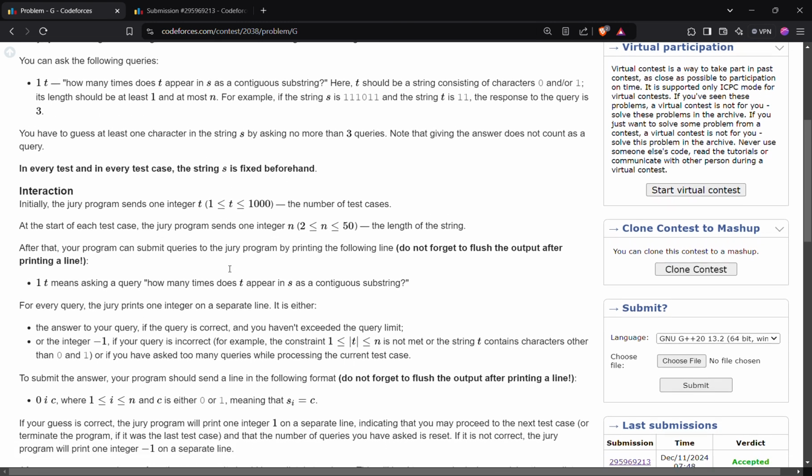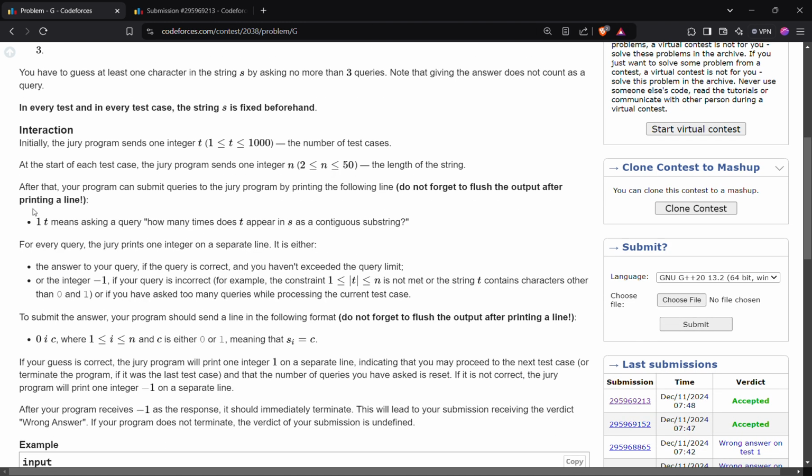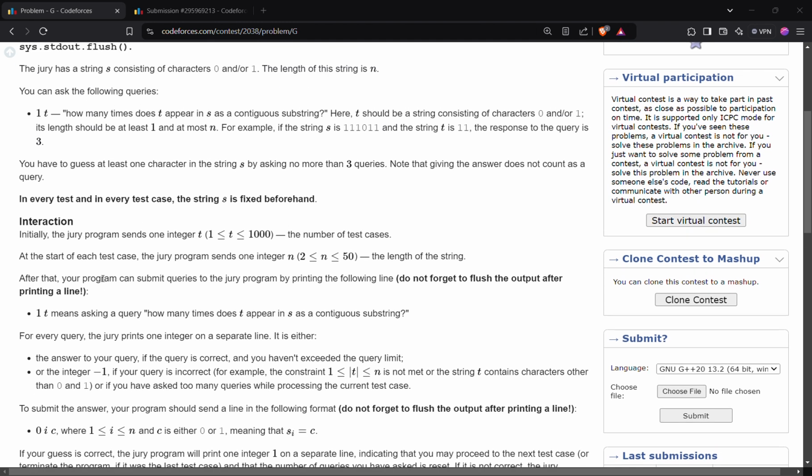Okay, so let us take a look at the input. n is up to 50, starting from 2. The queries are of two types. For the first type, 1 t, the jury interacts with you by giving an integer, which is the number of contiguous substrings t that appear in string s.